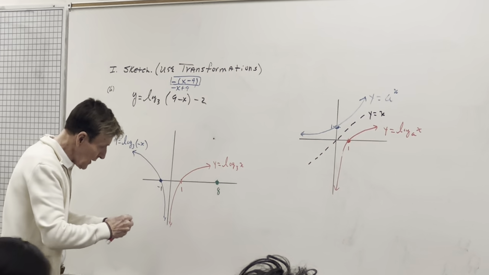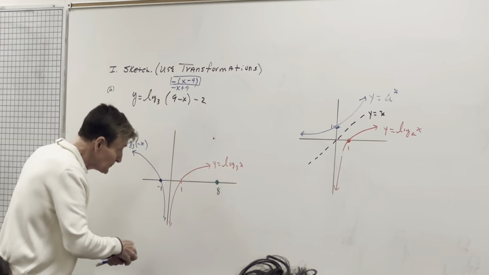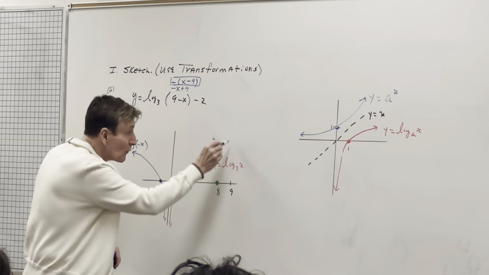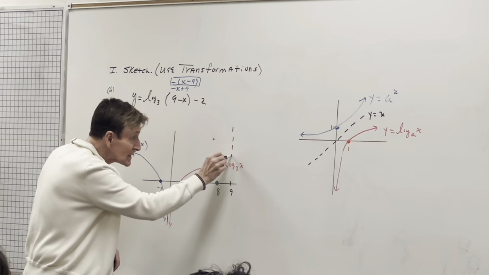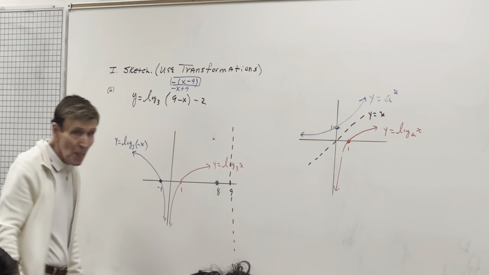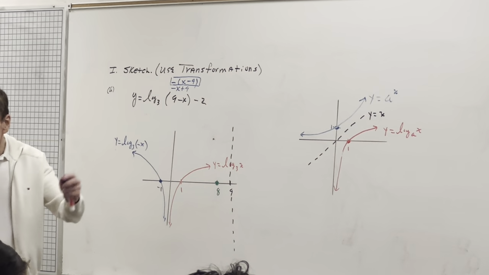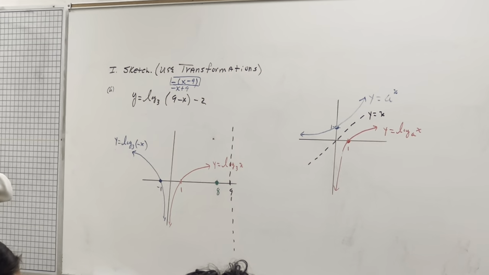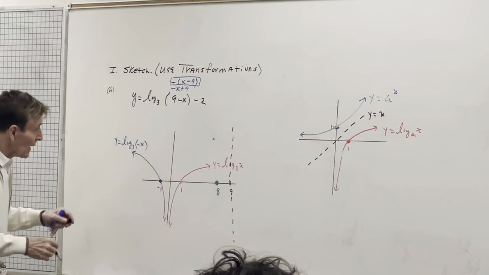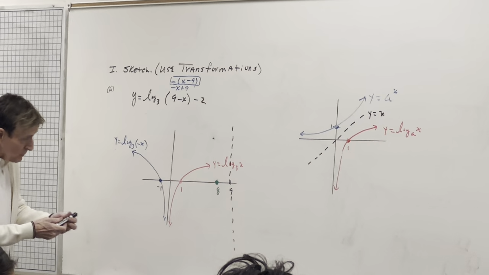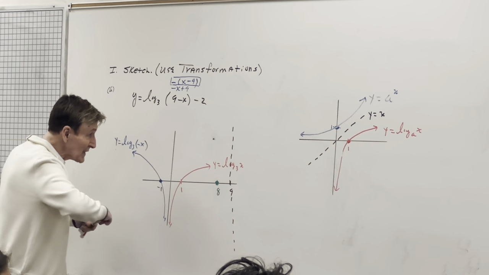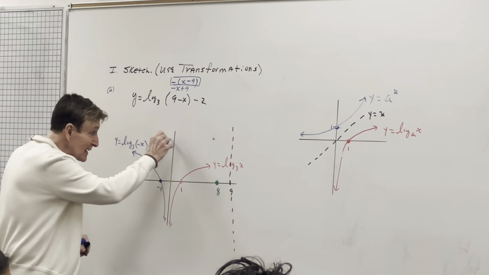So is it now over here? See it? Is it now here? My asymptote, the y-axis, has been shifted over 9. My point over here on the other side, negative 1, has been shifted over. And my graph should resemble the blue graph, you do it in green. So I say, Professor, at this point, it looks something like this.